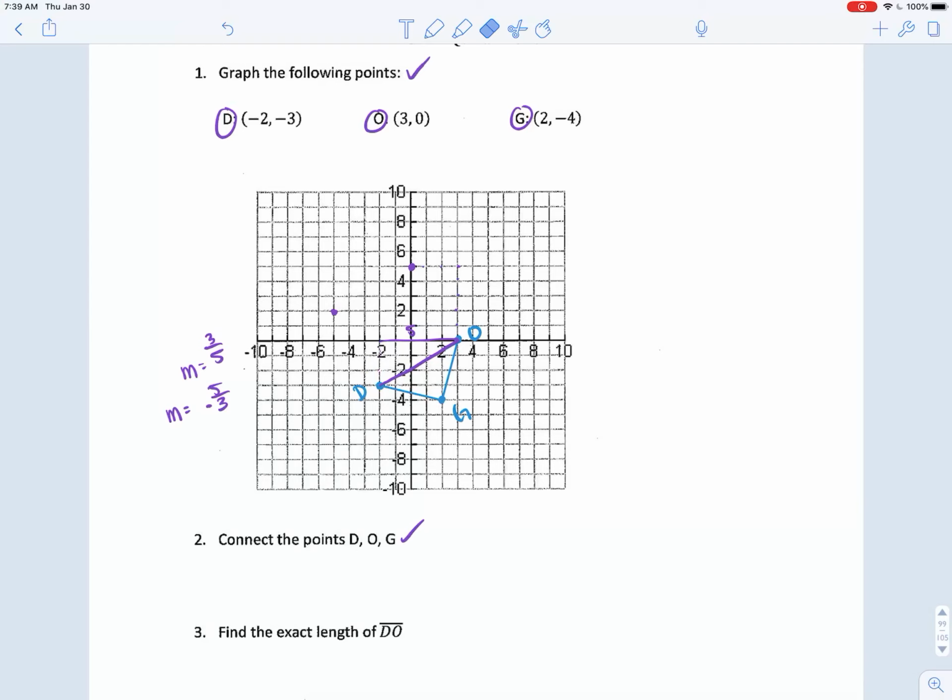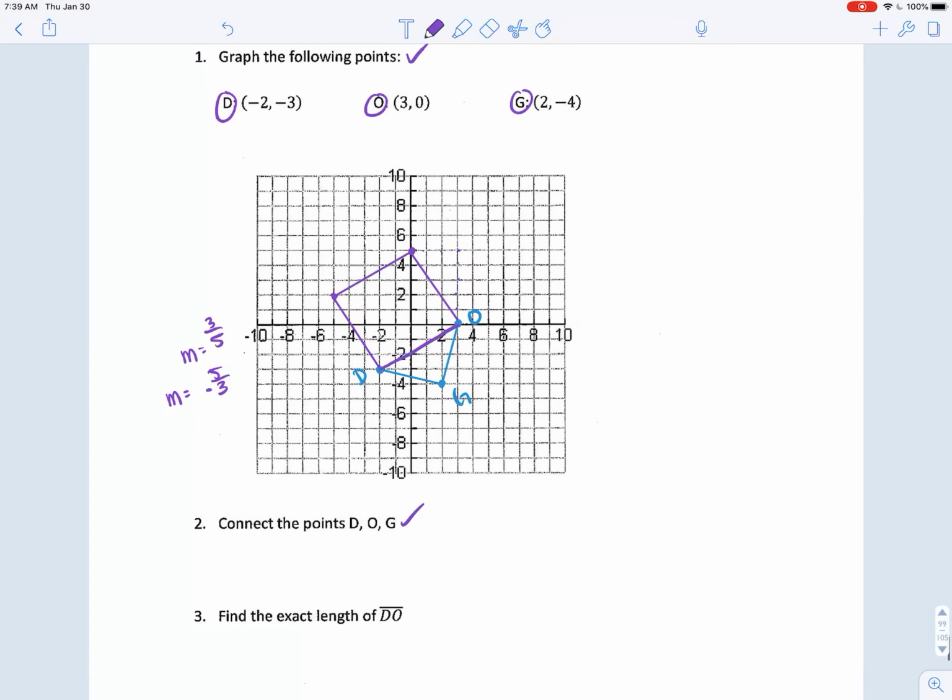Okay, I'm going to erase some of my work here so that way it's nice and clean. And here we go. And there's my square. Okay, and remember, you got to split the square. Now that we have the square, you have to split the square into smaller squares and triangles. So maybe something like this.